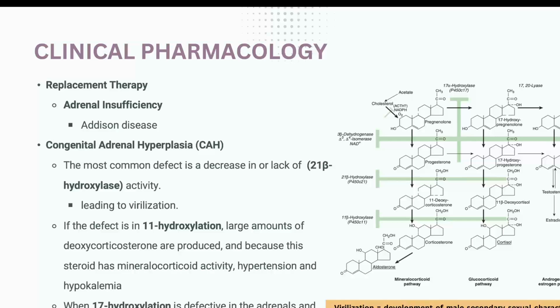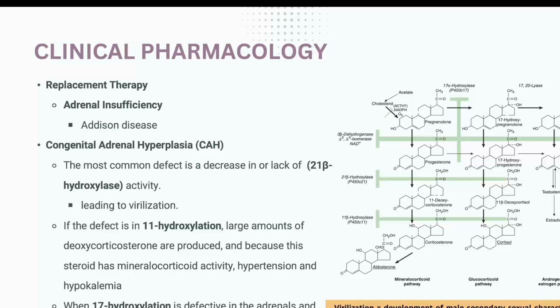But the effect is weaker than aldosterone. So accumulation of deoxycorticosterone at a normal level does not lead to obvious mineralocorticoid activity, but accumulation at a high level leads to strong mineralocorticoid activity.